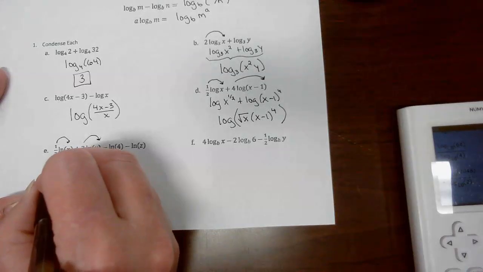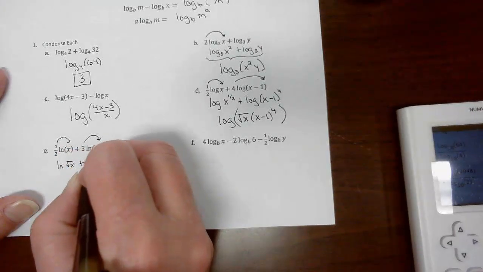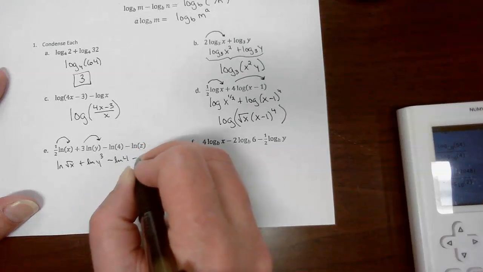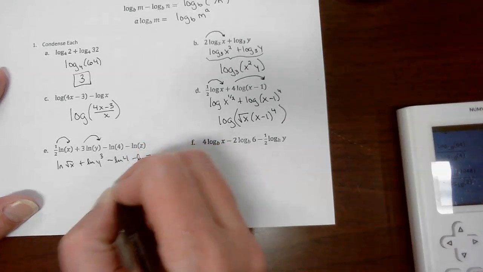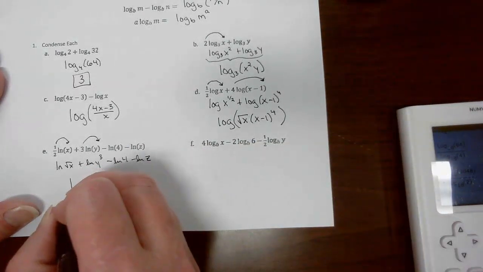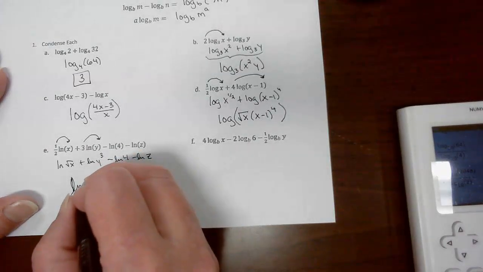Numbers in front become exponents. Well, x to the 1/2 would be the square root of x. Now, each of these are being subtracted. So when I condense, anything that's being subtracted ends up being divided. I'm going to make my ln cursive.